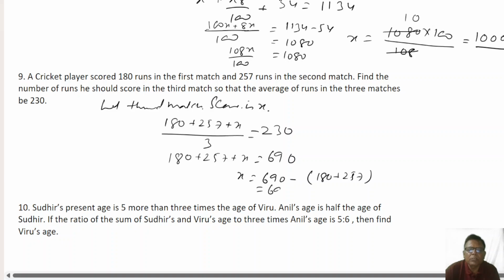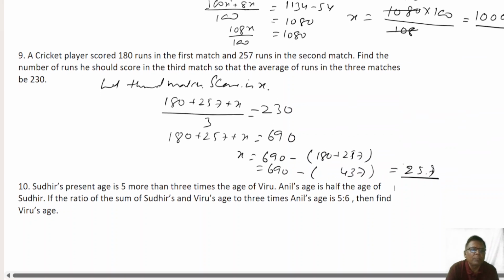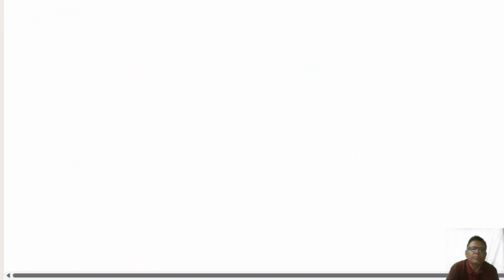So that is equal to 690 minus 437, which is 253. So again he has to score 257. Then only he will reach the average score of 230.